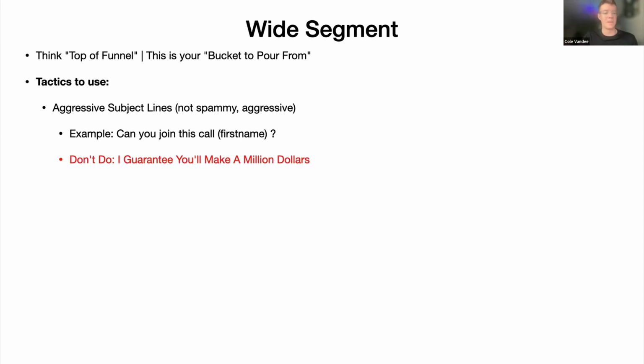I like it. Cool. So the goal of the body of the email itself is to sell the click. In your wide segment, the goal of the email is to sell the click. Unless you are a top tier copywriter with a lot of experience, you've written millions of words, and you know exactly what you're doing, just sell the click. That's the goal here.